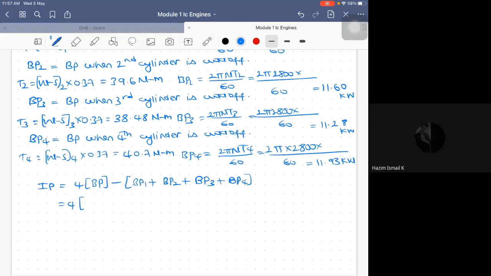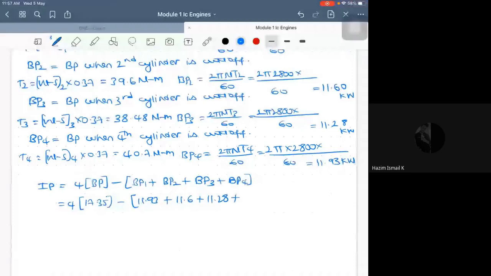BP is 17.35, minus of BP1 was 11.93 plus 11.6 plus 11.28 plus 11.93 again. So the IP value, whatever you get, it is 22.66 kilowatt.